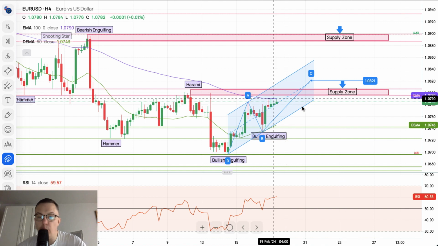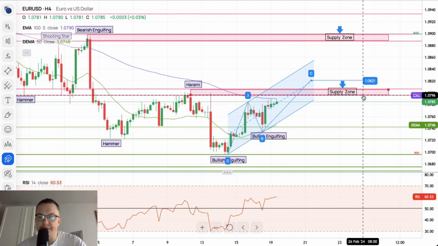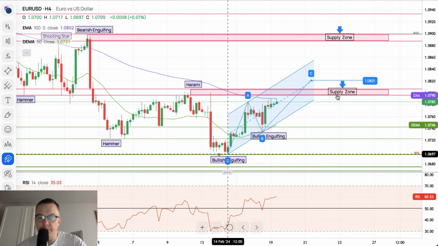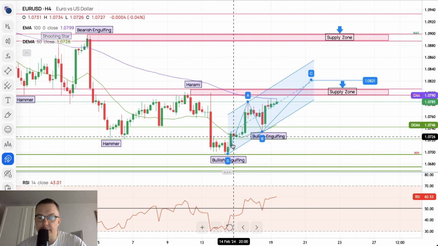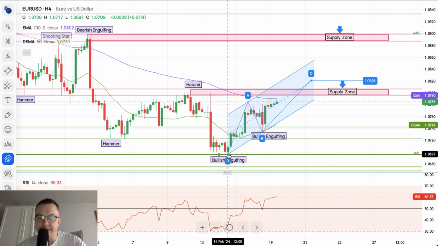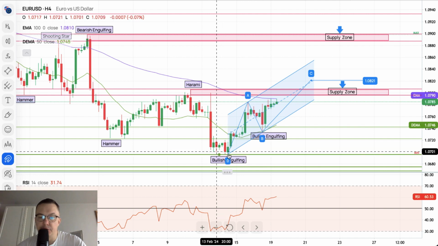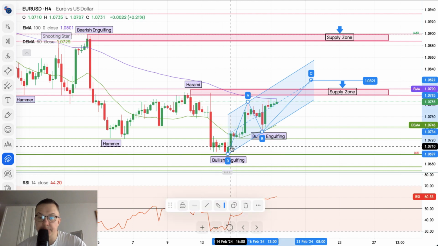We are quite close to the level of 1.0797, which is the lowest range of the first supply zone, as you can see on this chart of the euro-dollar. We've been bouncing from the level of 1.0697 after the bullish engulfing pattern was made.